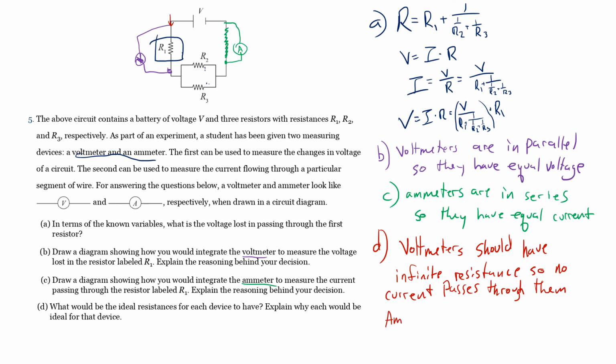For ammeters, they should have zero resistance. All right, why?